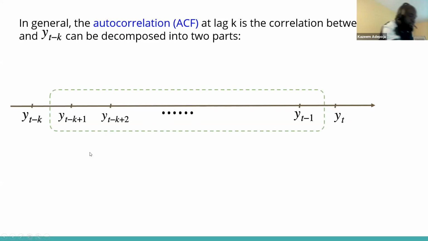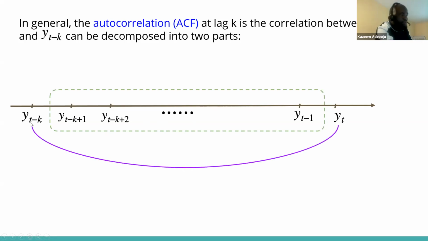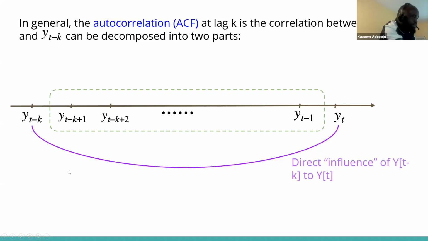So now, if you take a look at what I have, I'm trying to get the direct influence of these two, and that was why I call it direct influence.